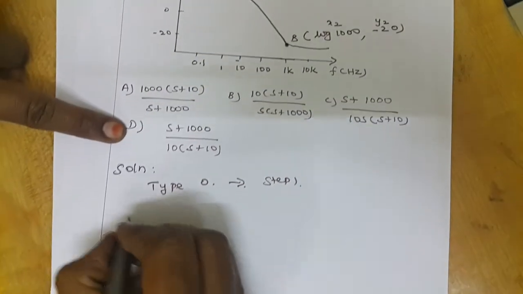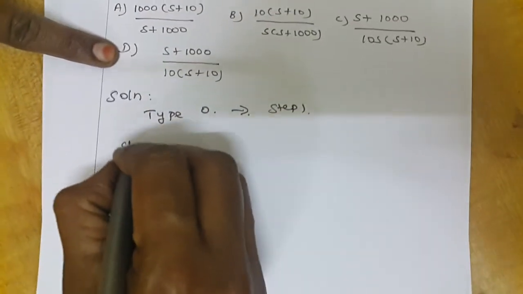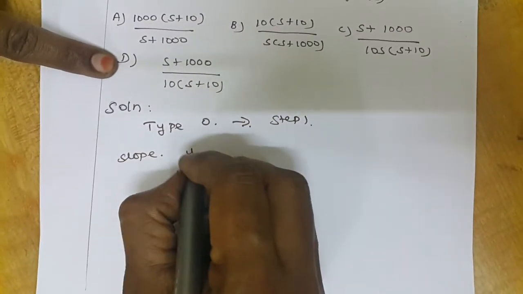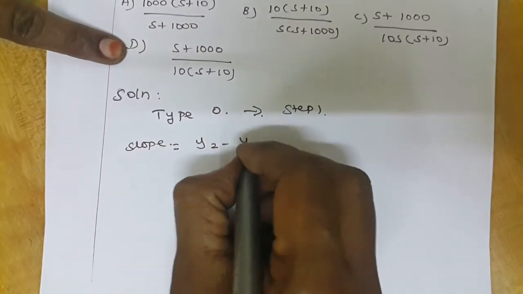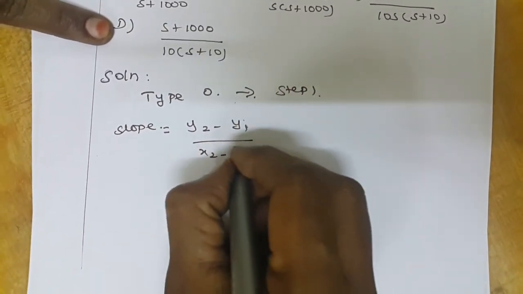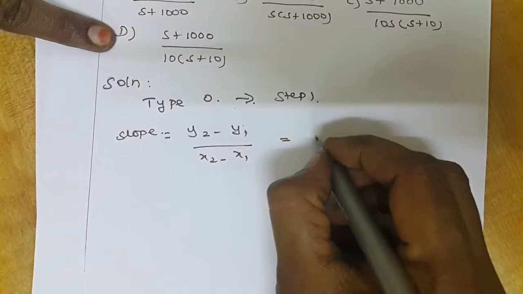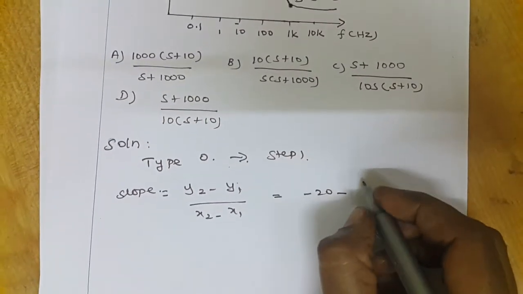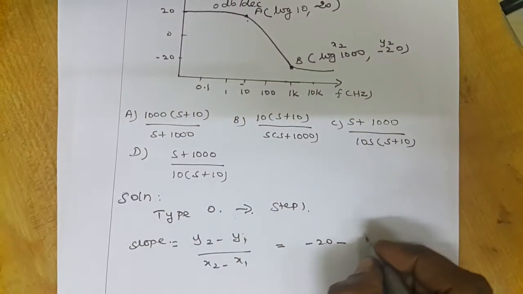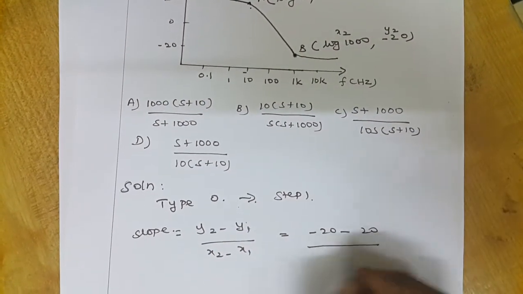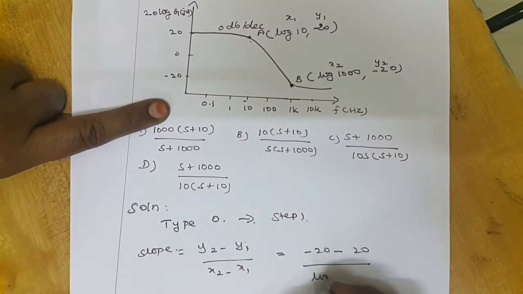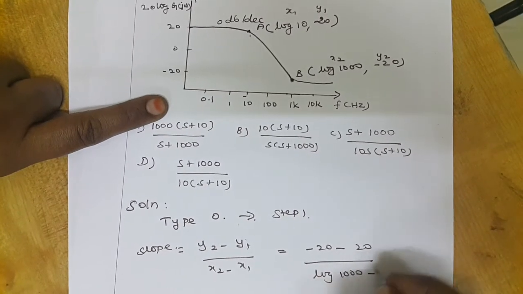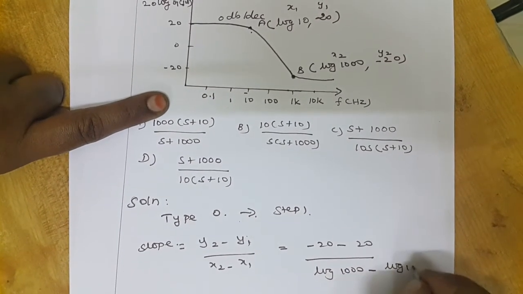Next we find the slope, that is equal to (y2 minus y1) divided by (x2 minus x1), that is (minus 20 minus 20) divided by (log 1000 minus log 10).